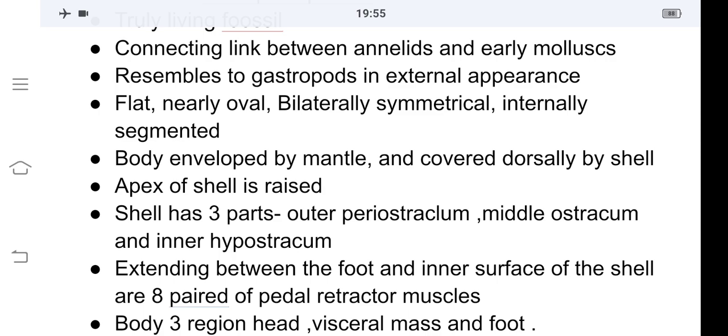The apex of the shell is raised and forwardly directed. The shell has 3 parts: outer periostracum of protein and conchiolin, middle ostracum and inner hypostracum. Extending between the foot and the inner surface of the shell are 8 pairs of pedal retractor muscles.